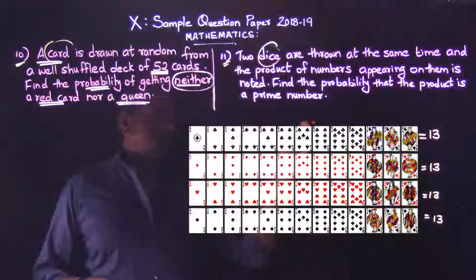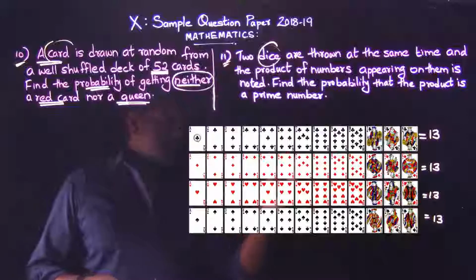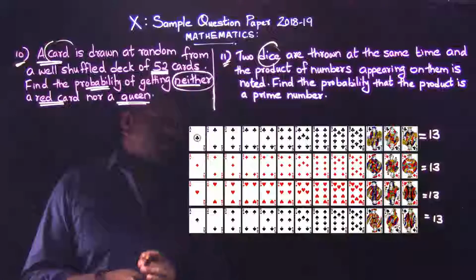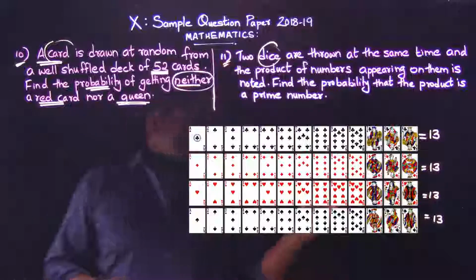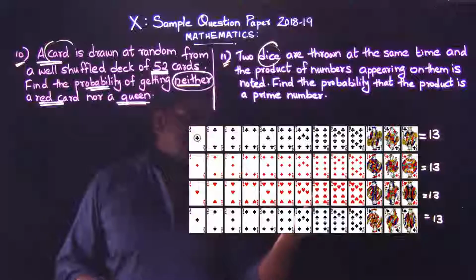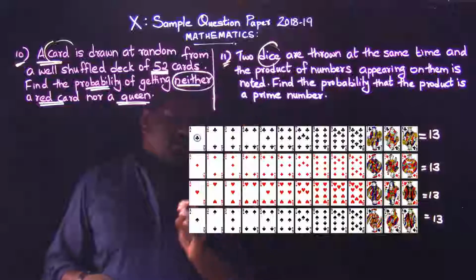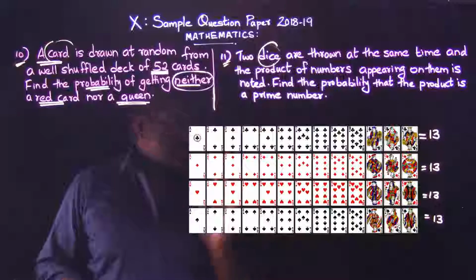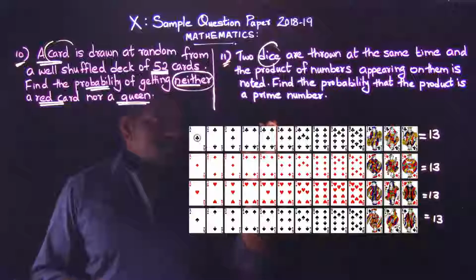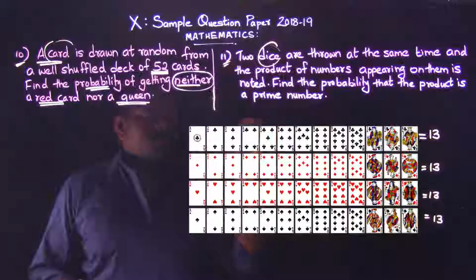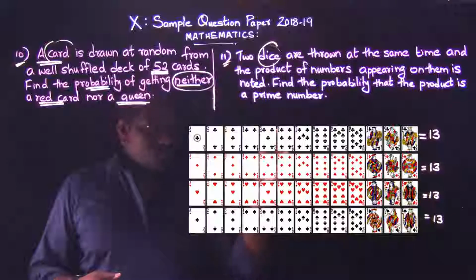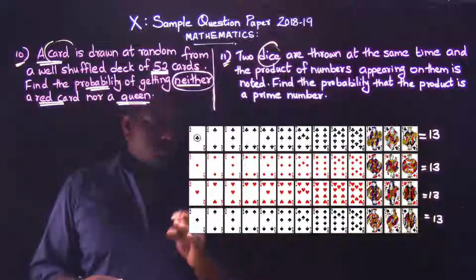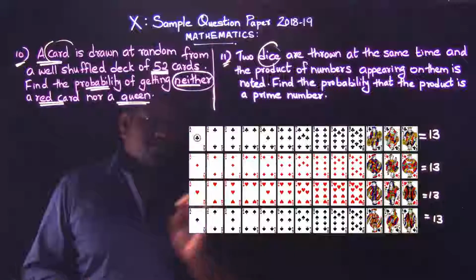So black, red, red, and again black, having 13 each. And how do you get 13? From A, then 2, 3, 4, 5, 6, 7, 8, 9, 10, then J, Q, K. Your Q is the queen, and the K is the king.